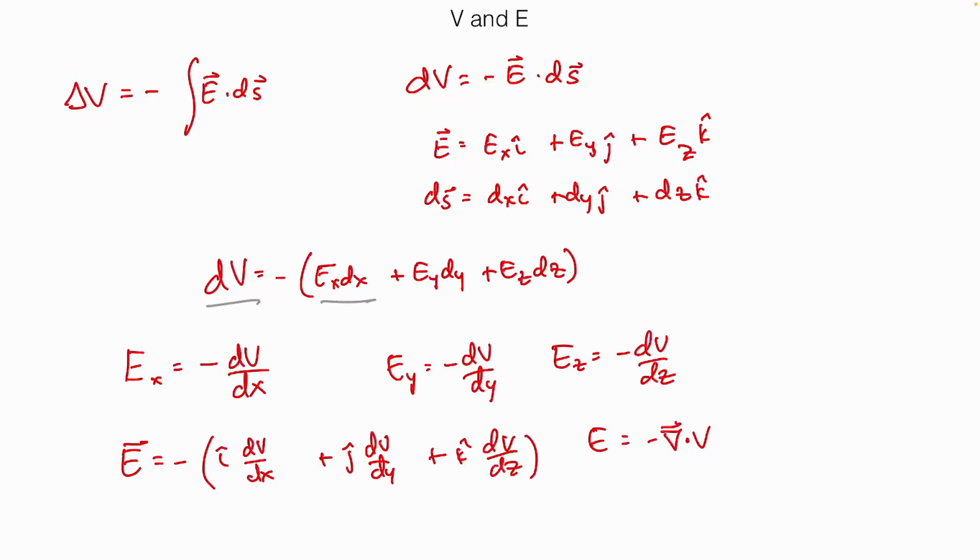The del operator always has to operate on a function, and is defined as very special, weird-looking derivative symbols times the vector directions. The del carries the vector directions for us. And as long as we do these derivatives of each individual direction correctly, we'll be okay.